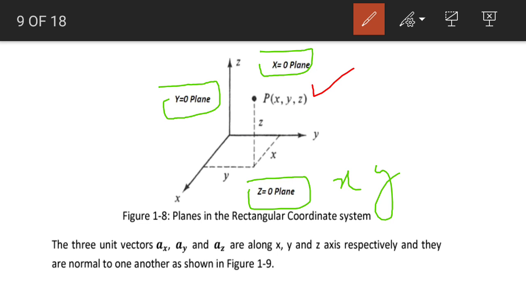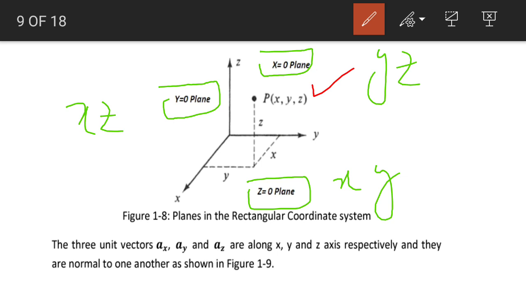The x equal to 0 plane is also known as the yz plane. And the y equal to 0 plane is also known as the xz plane.